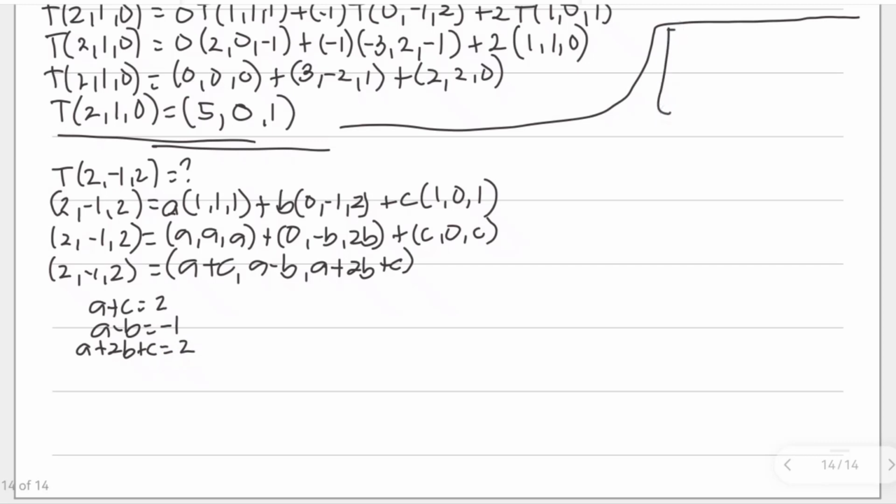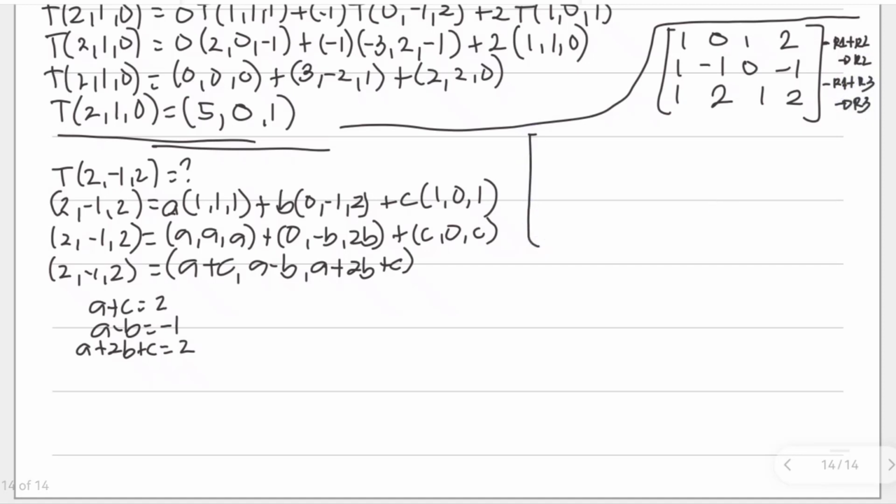So you will have 1, 0, 1, 2; 1, -1, 0, -1; 1, 2, 1, and then 2 here. First, again, come up with 0 here. So negative R1 plus R2 for a new R2.